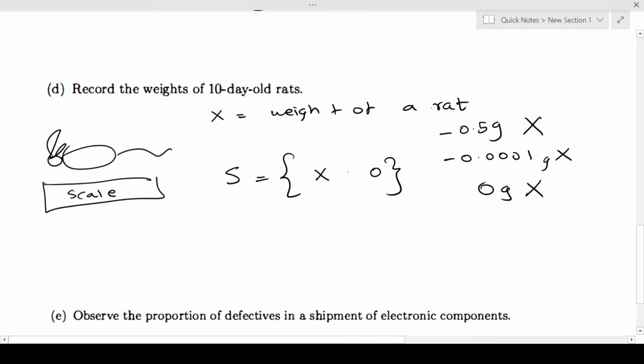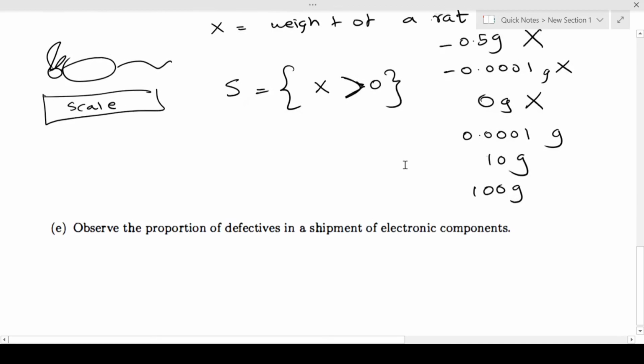Its weight must be greater than 0. Can it be 0.001 grams? Yes. Can it be 10 grams? Yes. Can it be 100 grams? Yes. We don't know any upper limit, so we'll just leave the sample space as any number greater than 0. It's important that the equal sign is not included here.